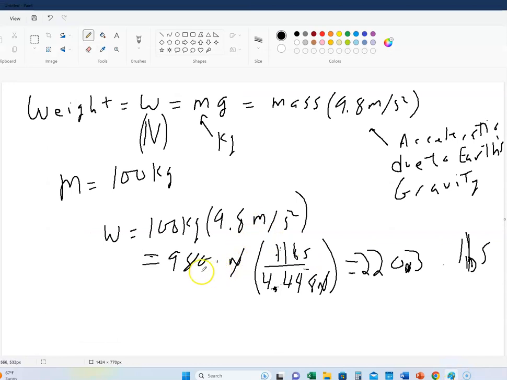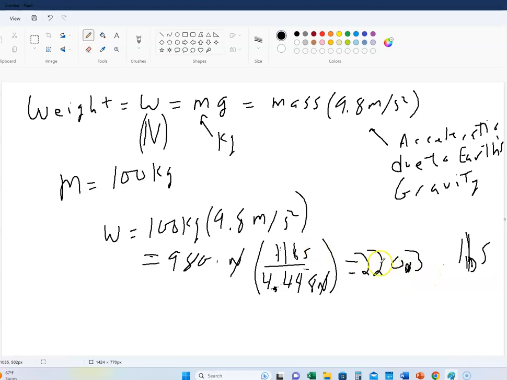All right, so we have 980 newtons, and we know that 1 lb is 4.448 newtons. The newtons cancel, just like I did here. And so if something had a mass of 100 kilograms, its weight would be 980 newtons, or that would be 220.3 pounds.